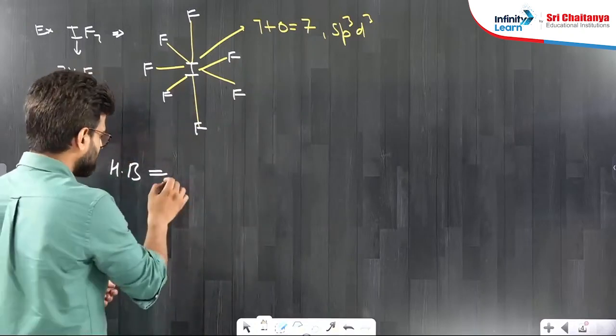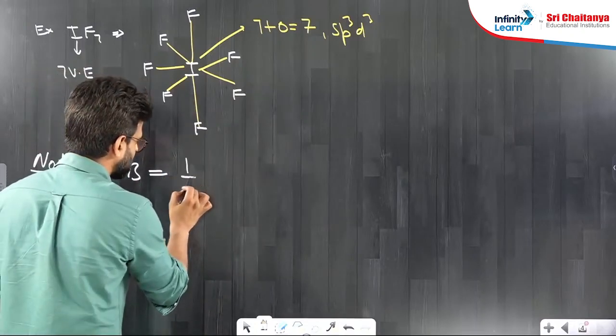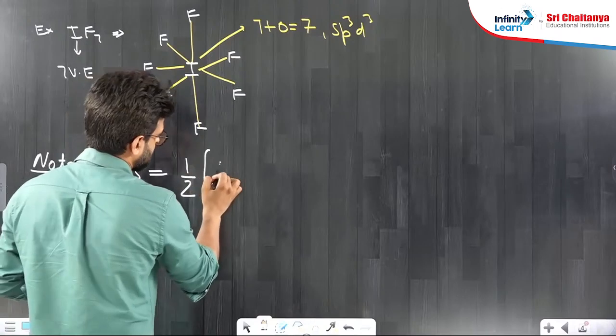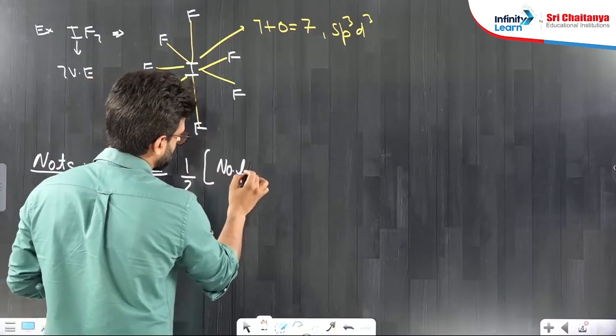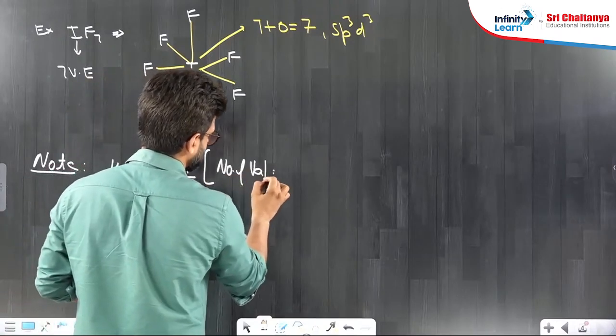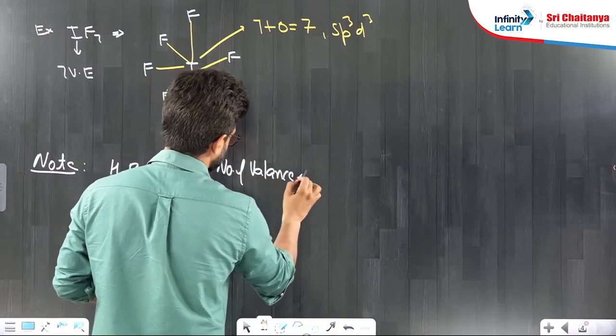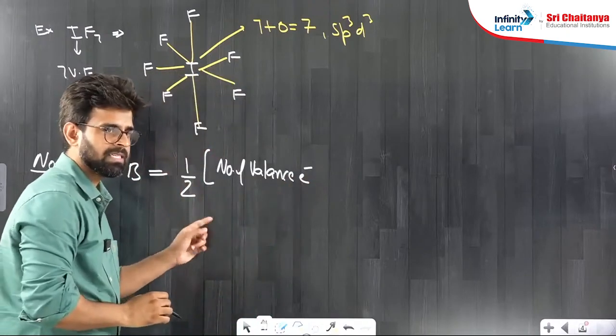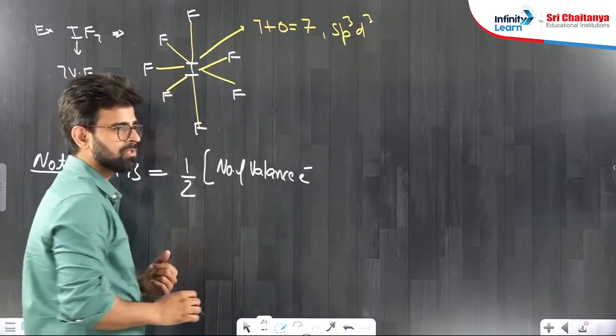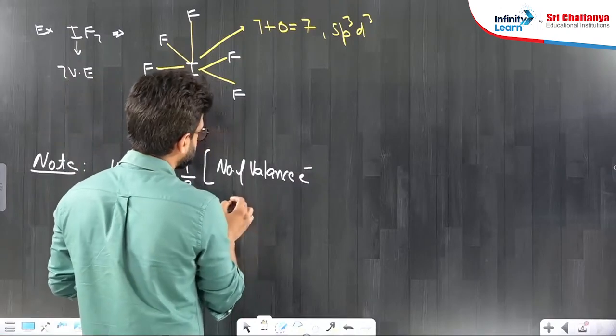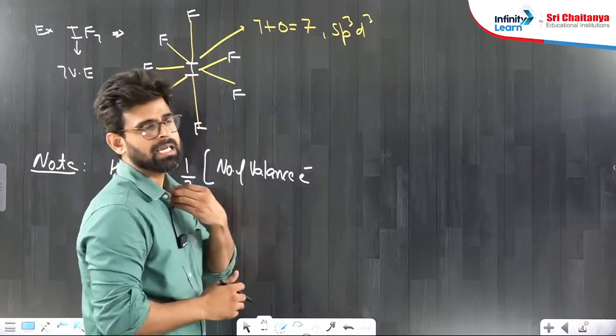Fine. So here the formula is 1 by 2 times the number of valence electrons of the central atom, or the atom for which you are finding hybridization.